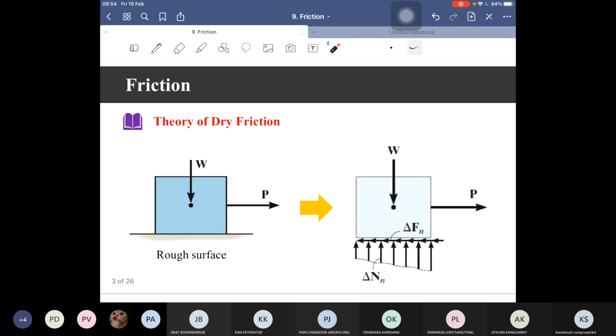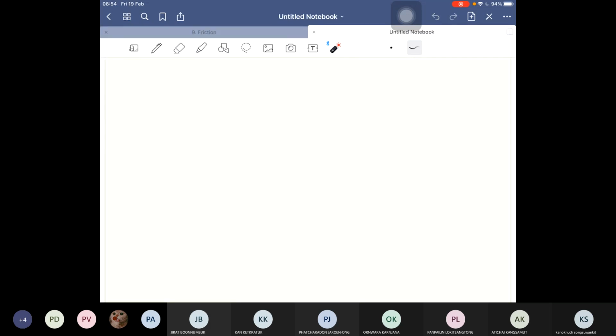Okay, so let's see what dry friction is and how we calculate it. From yesterday, we studied the weight of an object, right? One solid, rigid body also has a weight acting on it. The weight does not act at just one point, but is distributed over the whole body.